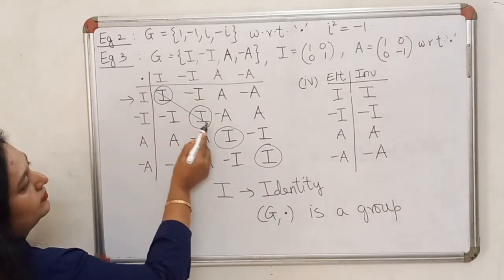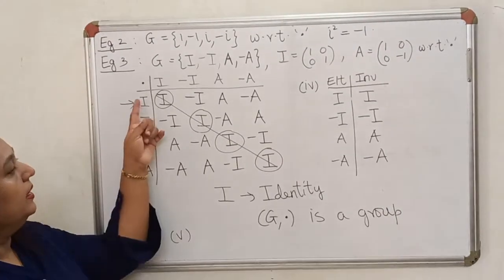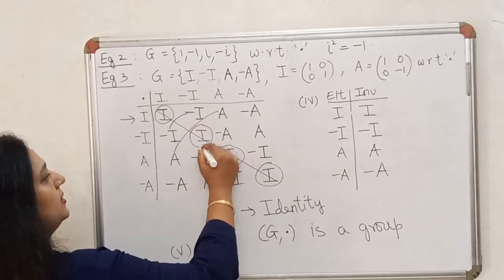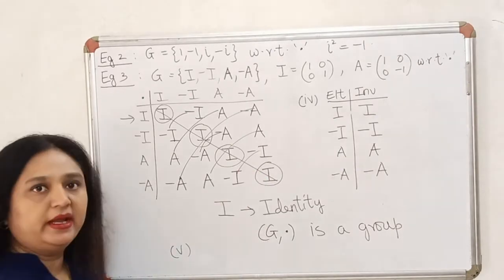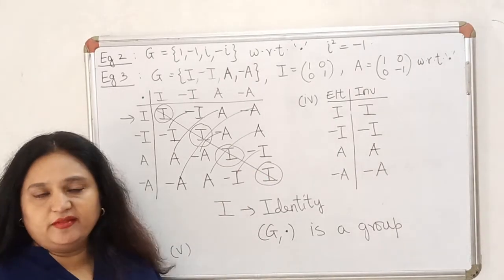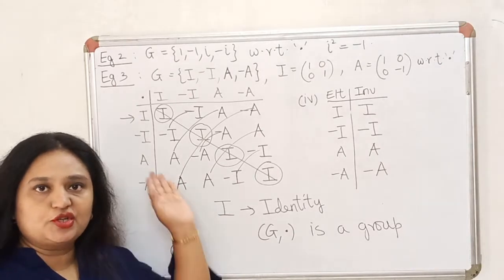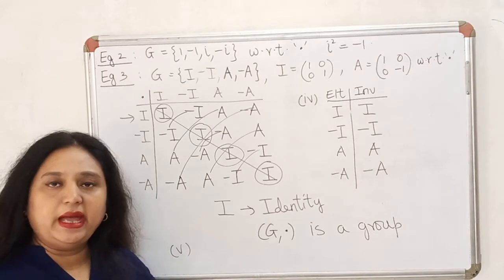Further, we come to the fifth property. The elements are placed symmetrically about the diagonal. Remember, I told you there's another way of doing it. Make sure that the first row is identical with the first column, second row with the second column, third row with the third column, and so on.